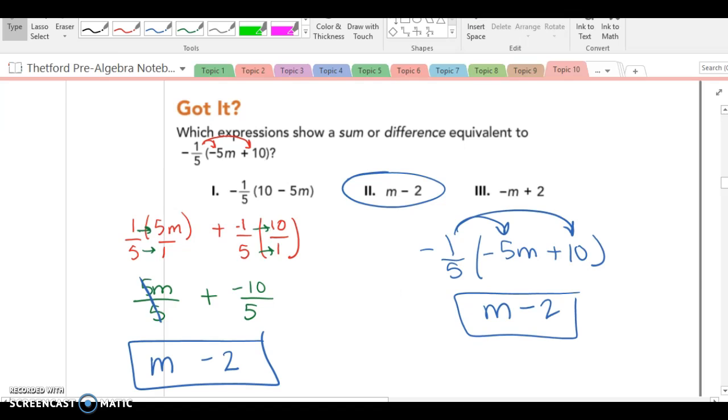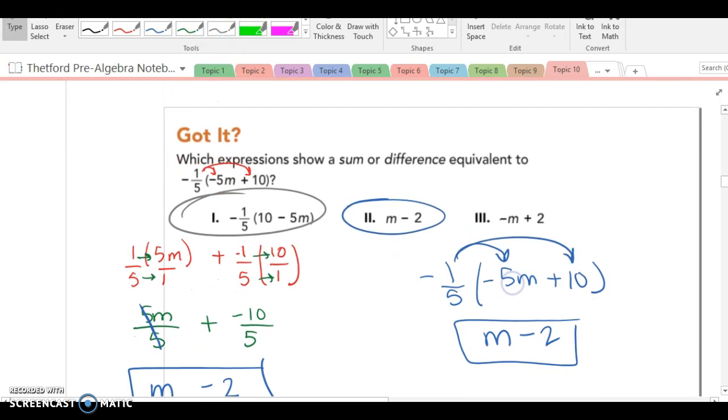There's actually one more answer on this one, and that is number 1, and I'm going to show you why. So we are multiplying by a negative 1/5. You'll notice that plus 10, that's plus 10. This is also a plus 10.